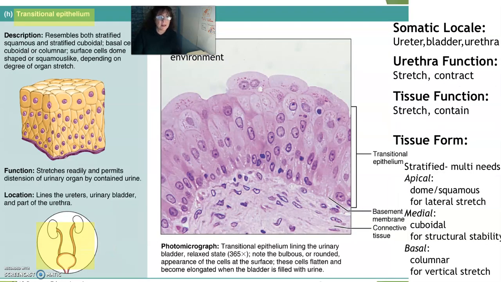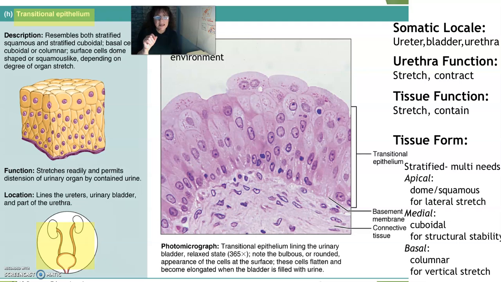And last but not least, in the stratified area, we can look into transitional epithelium. And transitional epithelium represents two different stratified types, squamous and cuboidal. Let's think about where this might be found.